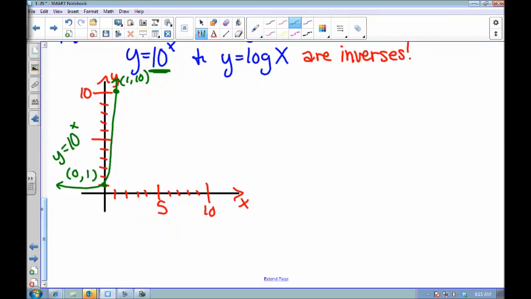Right here, on our exponential, we have the point 0, 1. We're going to switch the x and the y. Instead of 0, 1, it would now be what point? 1, 0. So on our log function, there's a point 1, 0, which is right here.